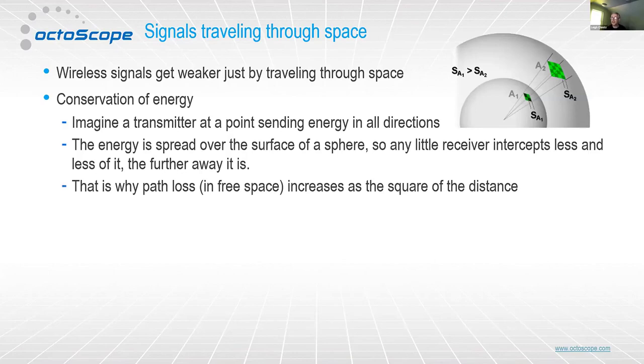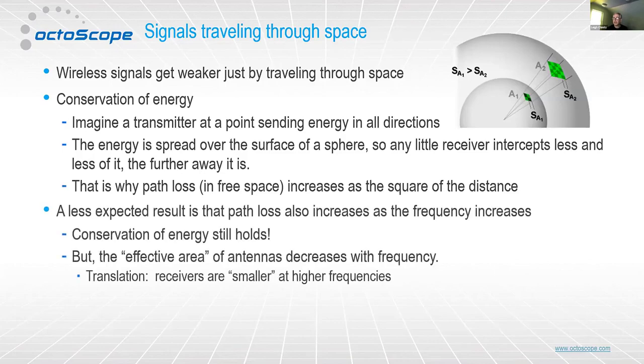And that one's easy to understand because of that model that I just described. If you just think about stuff going out in the sphere, that's how it works. There's another one, though, that, once you understand path losses, becomes a basic thing that you always think about, which is that the path loss also increases with the frequency.